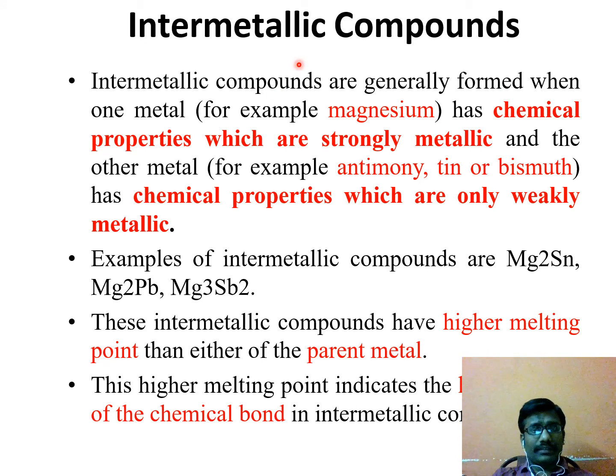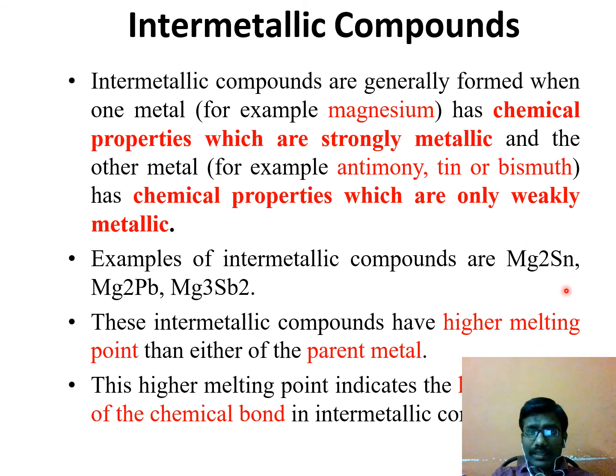Now the next one is intermetallic compounds. In intermetallic compounds, some elements that are strongly metallic combine with weakly metallic materials and form intermetallic compounds. An example is magnesium and tin.